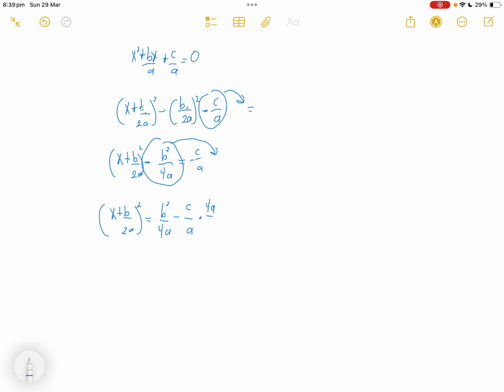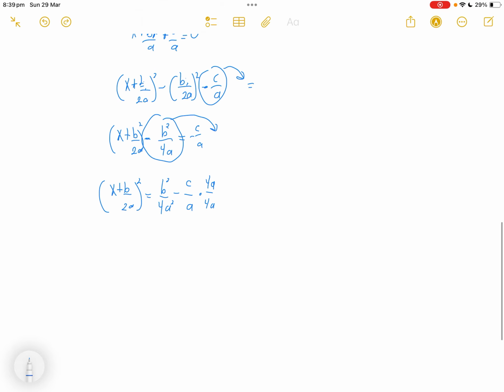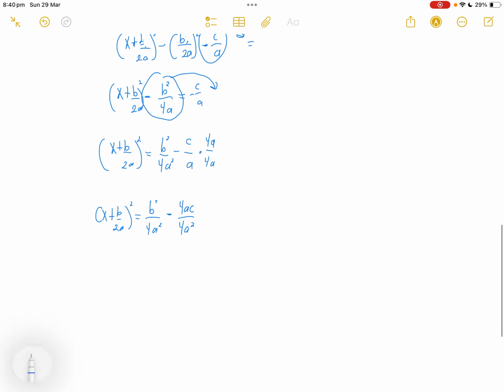We're gonna do this by multiplying this guy by 4a in order to match this denominator right here. Now we're gonna merge this together.